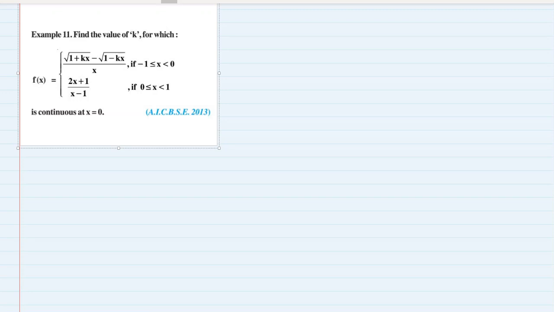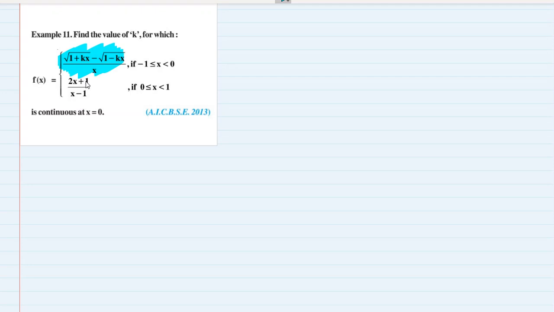Only remember that when you are approaching 0 from the left hand side, that is when you are using the first definition of the function, that is this one. Remember to rationalize and simplify it. Don't make the mistake of using h method directly because it is a little complex form, and the RHL side is quite simple, straightforward, so you can solve it.